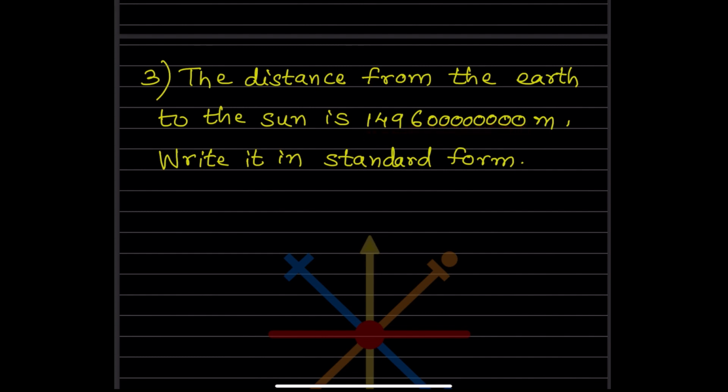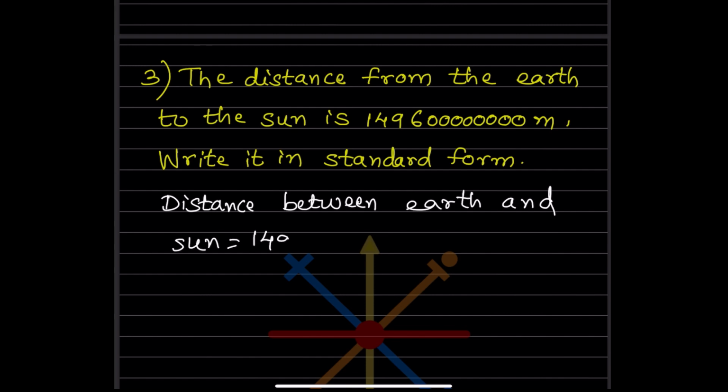First thing we'll write here, distance between earth and sun. That is 1496, and we have 3, 4, 5, 6, 7, 8 zeros. So 2, 3, 4, 5, 6, 7, 8 zeros, and that is in meter.